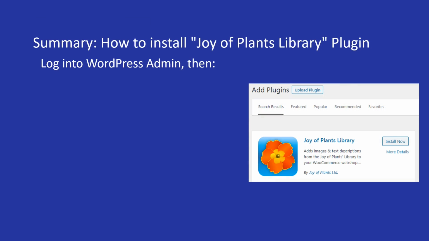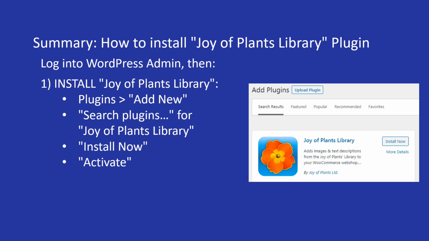In summary, to install the Joy of Plants library plugin, you follow this process. After logging into WordPress admin, first install the Joy of Plants library plugin like this. Go to the Plugins menu, select the Add New option. Then click Search Plugins and type Joy of Plants library.